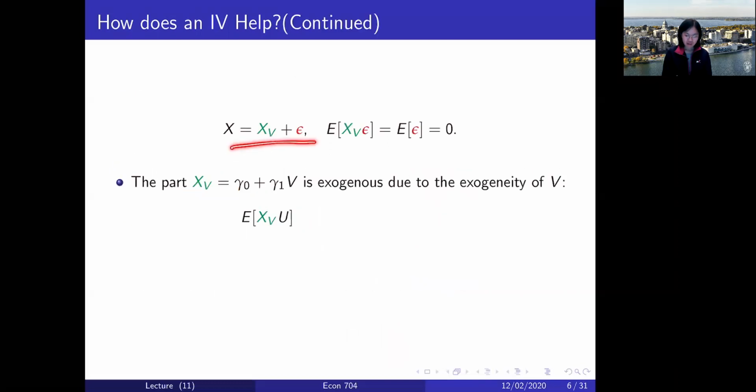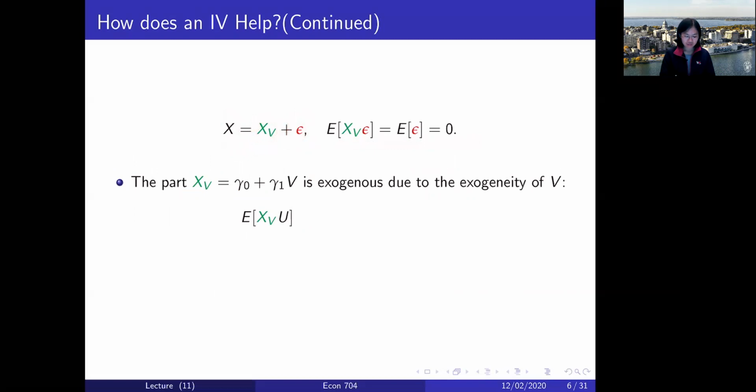Now we're going to analyze these two parts, treating them as if we observe them, even though we don't.